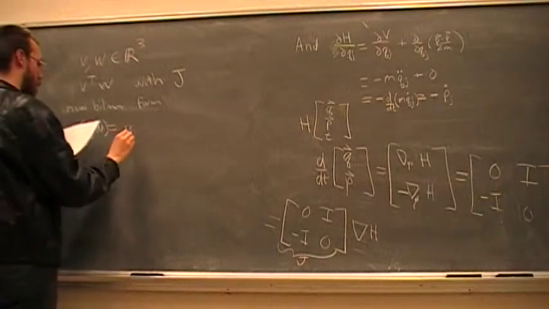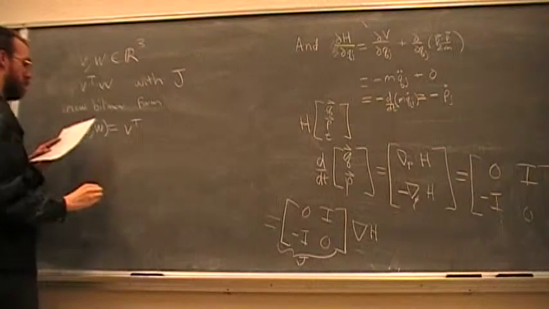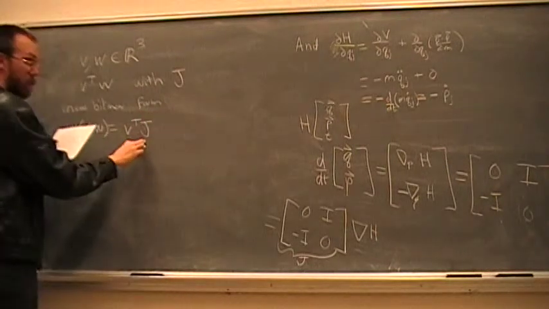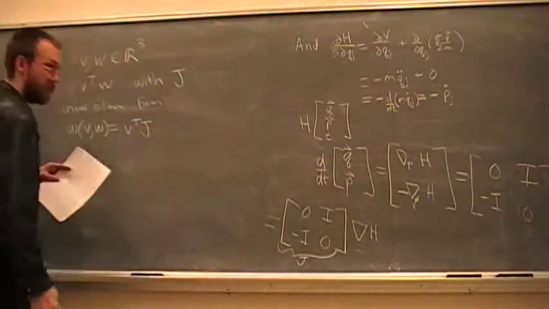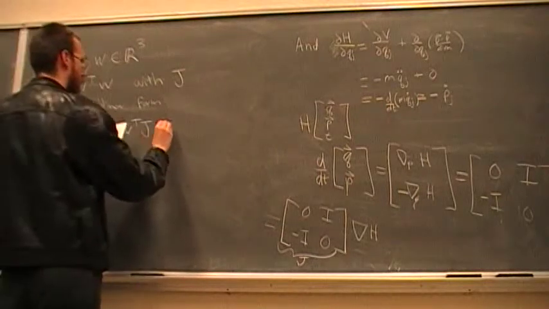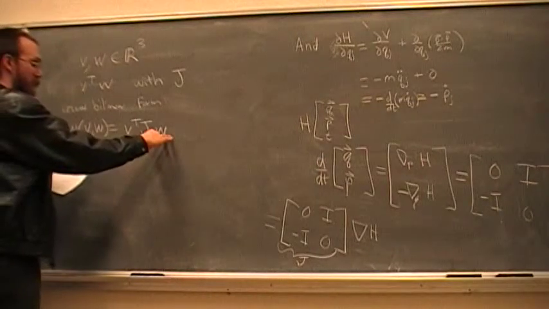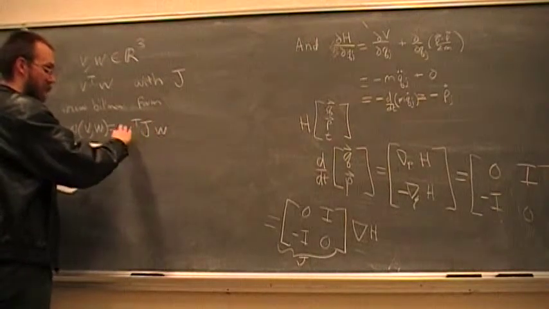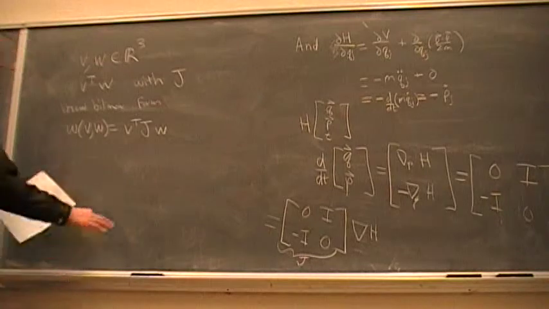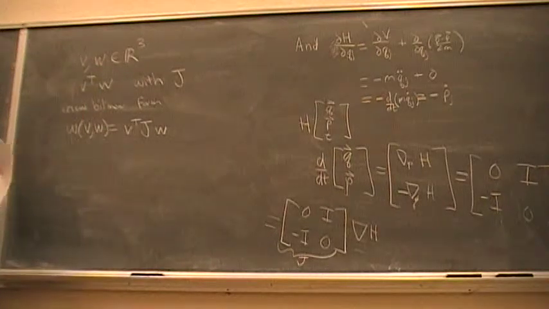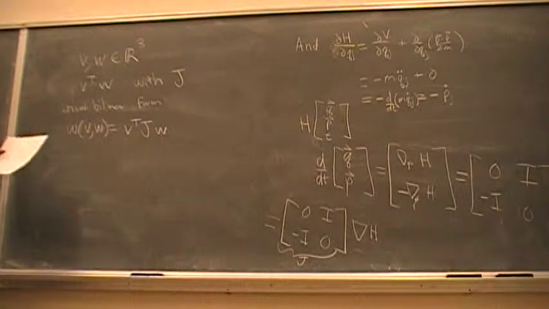You just take the transpose of your original vector, take the matrix J, a 6 by 6 matrix, and multiply by this 6 space column vector. Column vector, square matrix, you get a column vector; row vector times that, you just get a scalar. In that sense, it's just like an ordinary inner product.